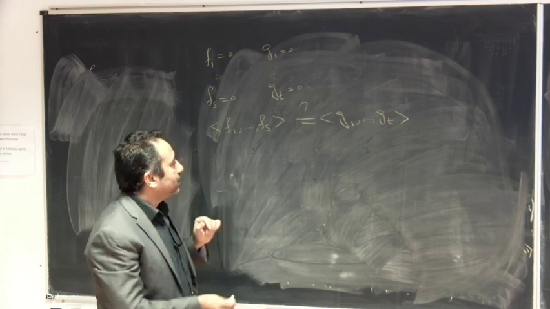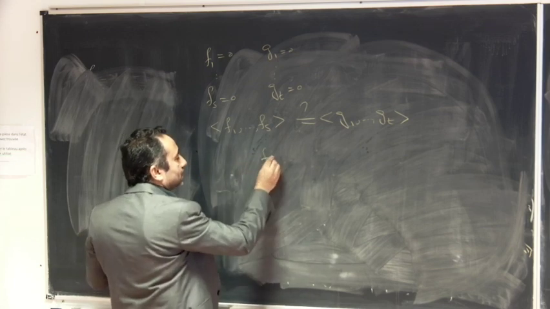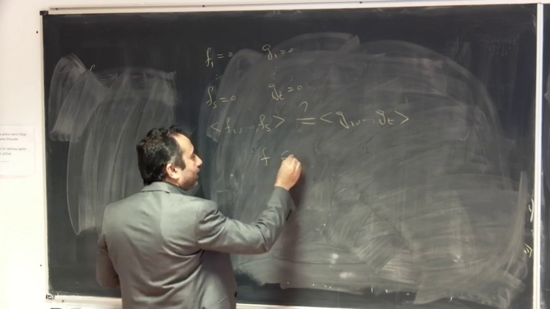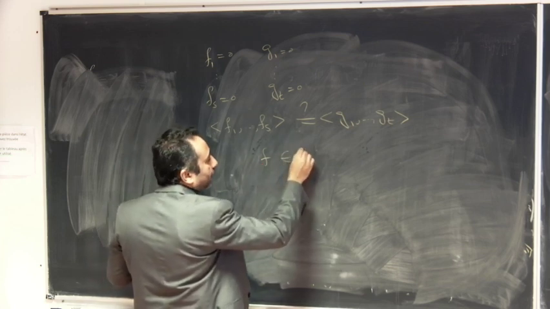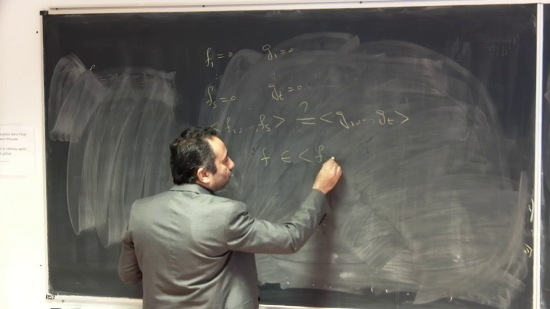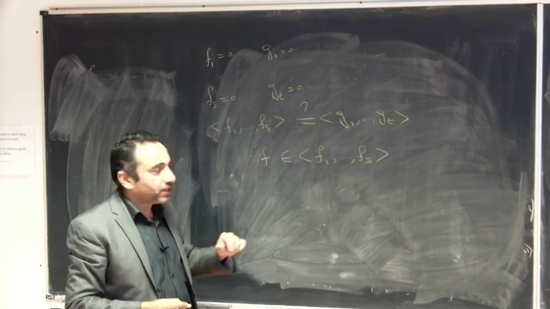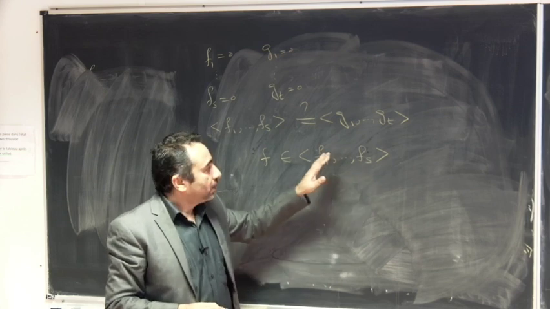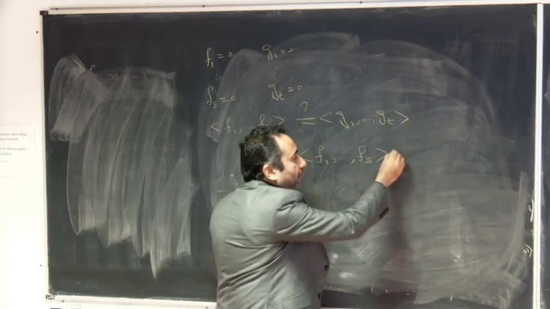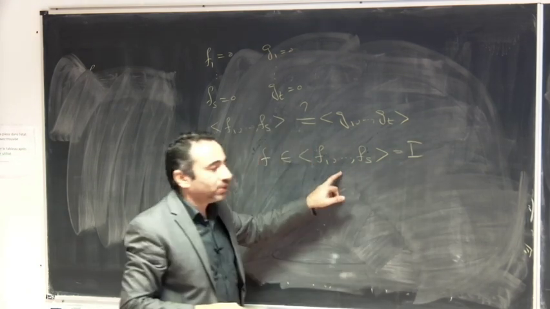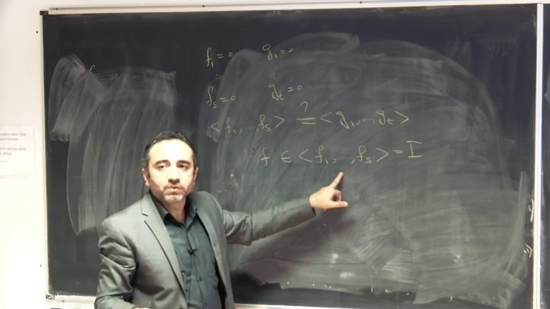The second part was the ideal membership problem, that we are given with f, and whether this f belongs to a set of generators or not. Okay, whether it belongs to some certain ideal or not. So what we need to do in that case, even the Gröbner basis will work for us.